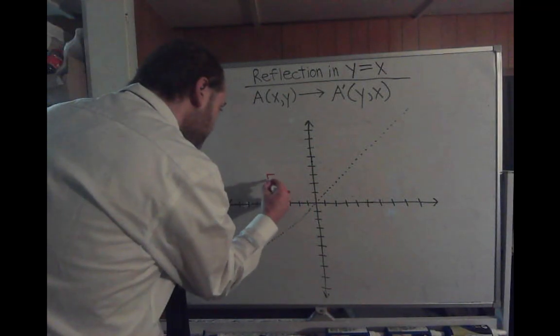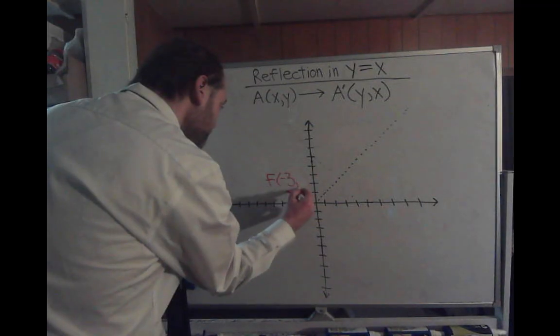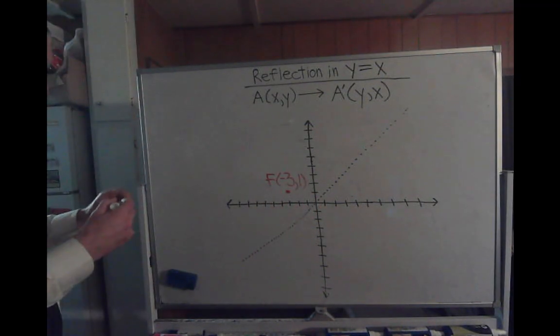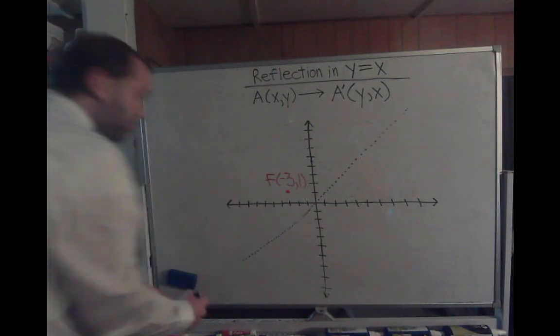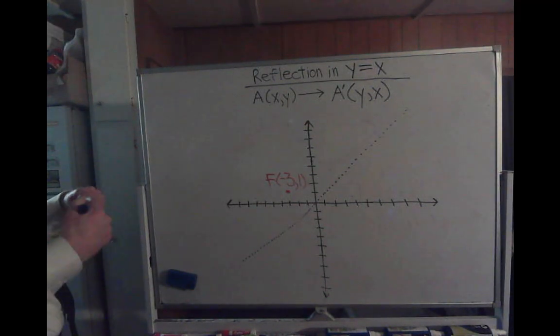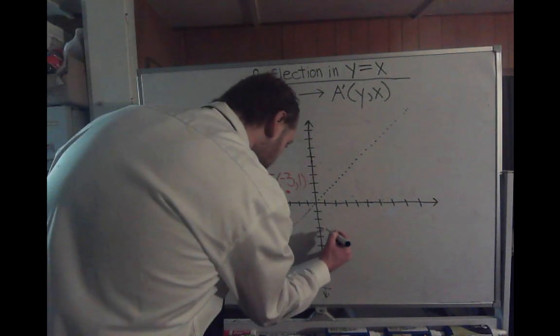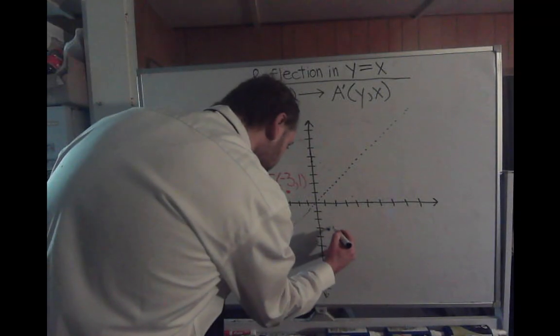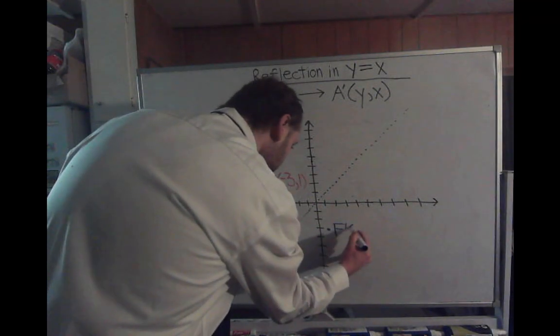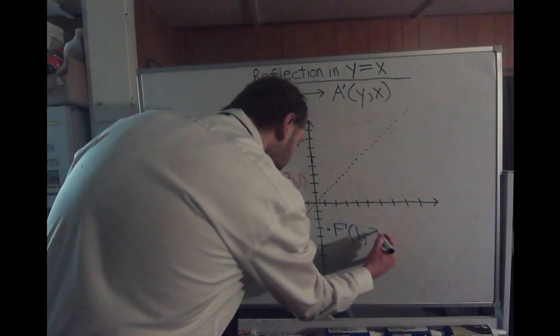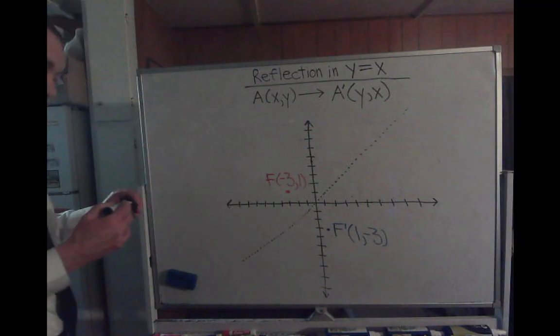Now, to find F prime with your line of symmetry being y = x, you just switch your x and y coordinates around. You would be at (1, -3). So F prime would be located at (1, -3) for that point.